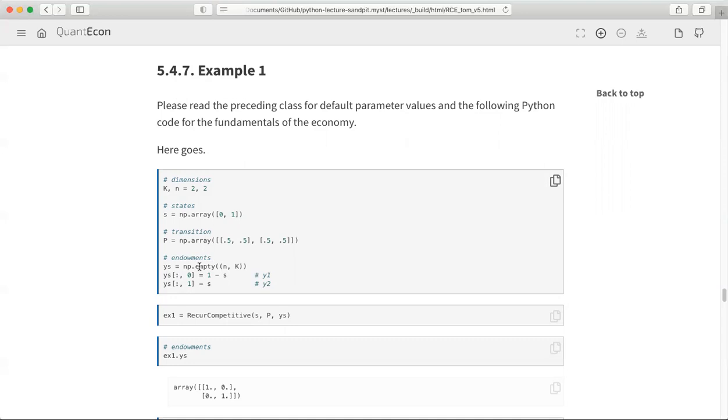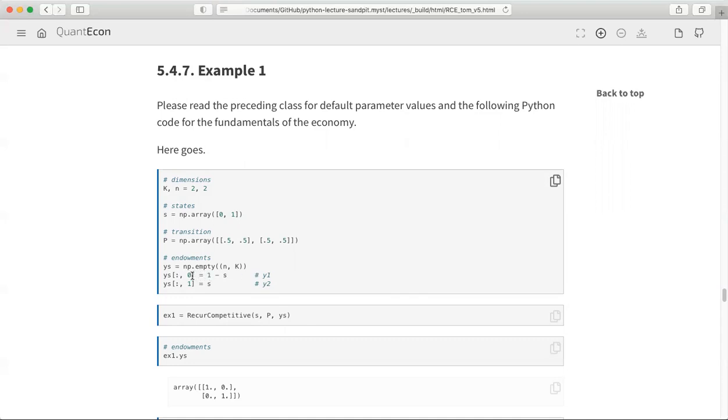Okay. I'm going to make up my endowments. So the first person, the first person's name is 0. In Python, you have to start numbering from 0, not from 1.